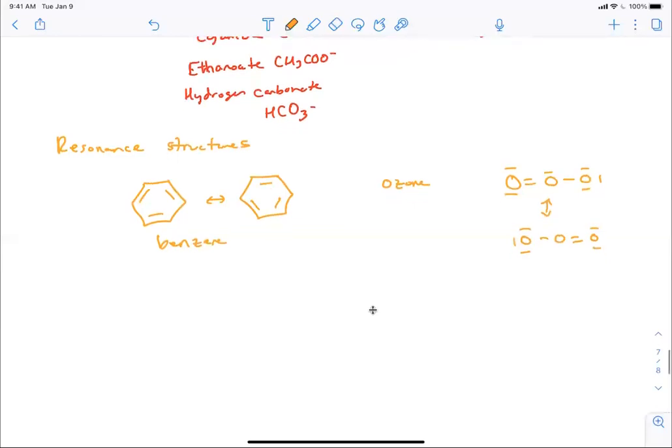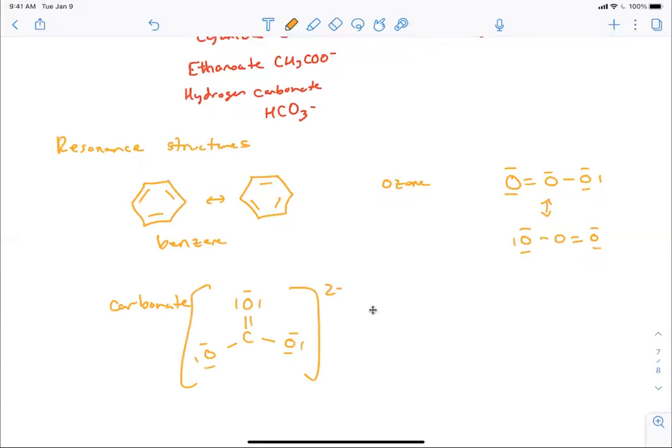Also, we have carbonate, where you have the 3 possible structures. You do need to write the charge for those structures as well. It rotates around, and you want brackets and a charge to show that resonance.